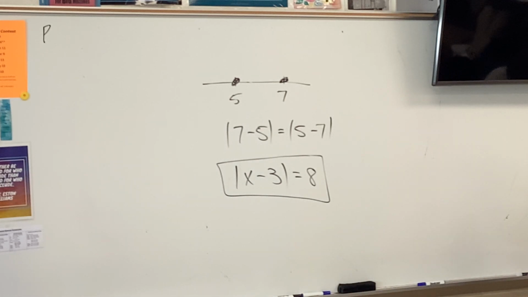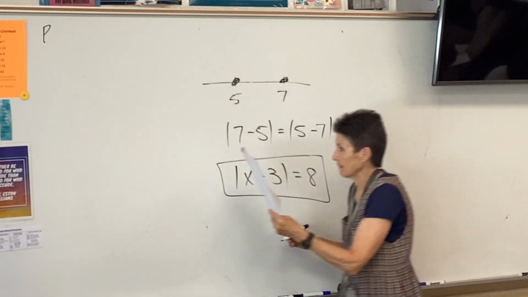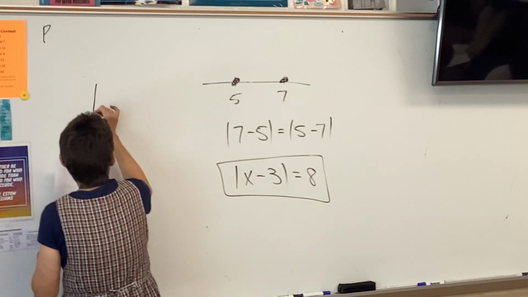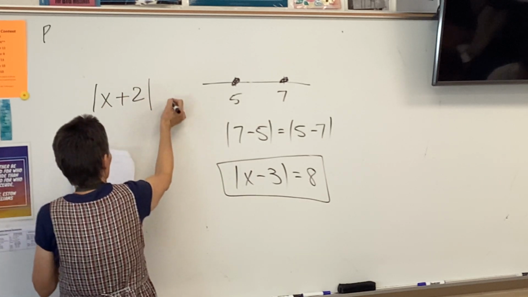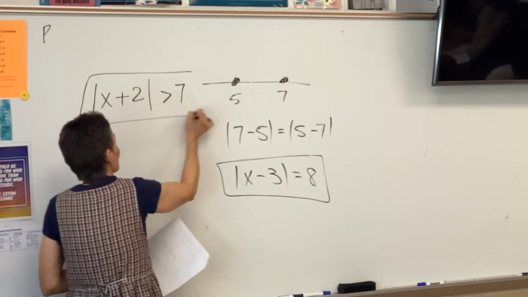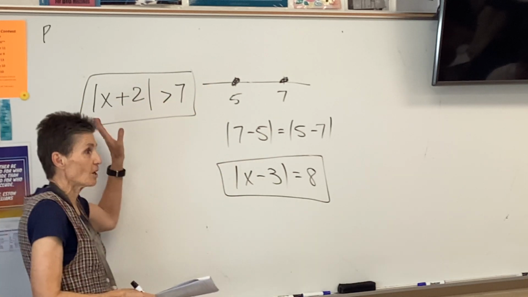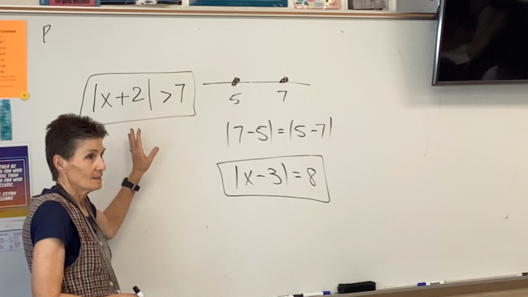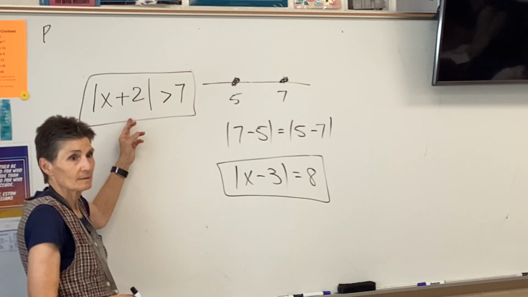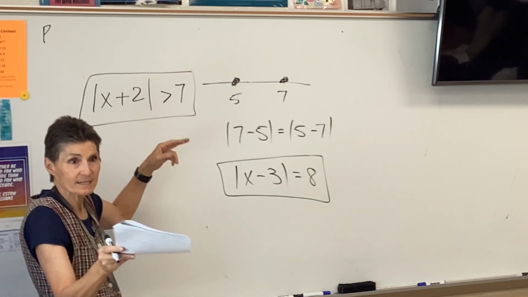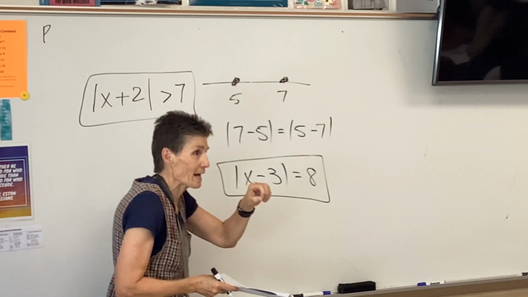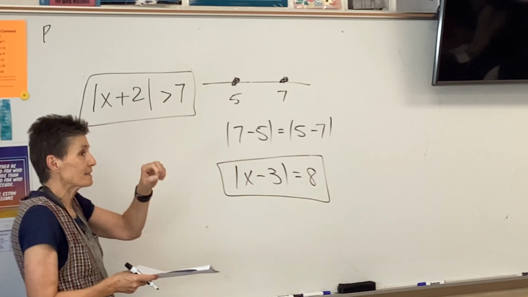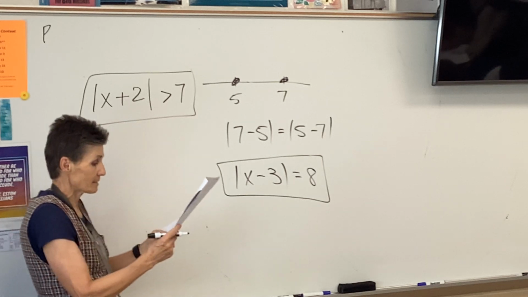So what does B look like? Absolute value of x plus 2 is greater than 7. You were right on target. Why is that a plus? Because it's minus a negative. Distance is always a subtraction. If you're subtracting a negative, it's going to become positive.